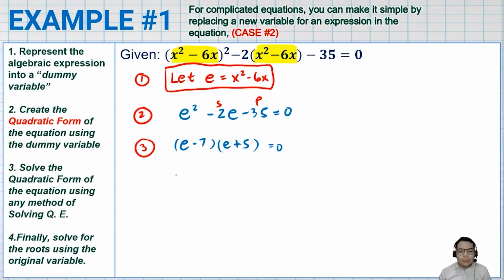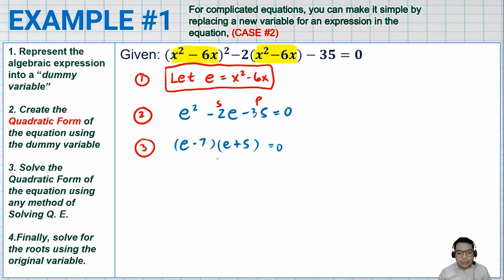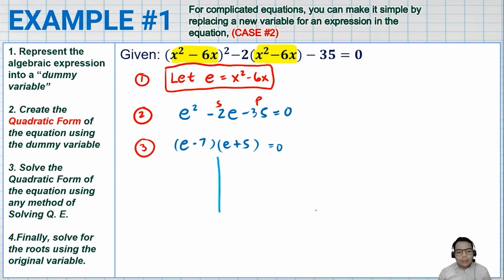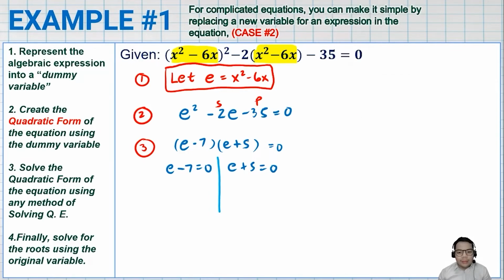Then, we will once again divide this into two equations, zero product property, di ba? Hatiin natin sila ulit. One equation will be having E minus 7 is equal to 0 and another one will be E plus 5 is equal to 0. Then we'll solve each equation to solve for the value of the variable E. Yan. So, ang gagawin natin is we add 7 for both sides.